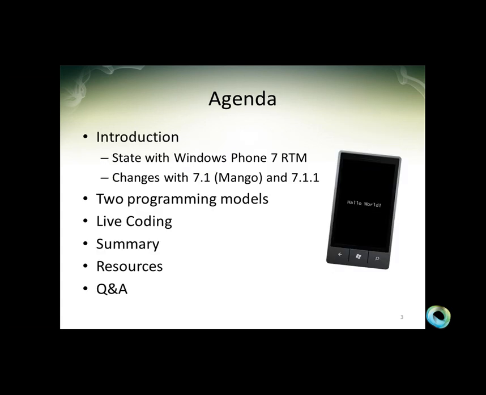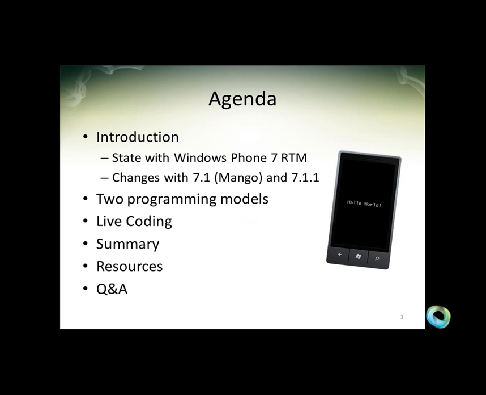Like I said, today we will talk about camera access on Windows Phone 7, and first we will take a look at what the state was with Windows Phone 7 in the RTM release, and then we will take a look at the changes that were introduced with Windows Phone 7.1, also known as Mango, and also some of the upcoming changes that are part of the version 7.1.1, which is currently available as technical preview.